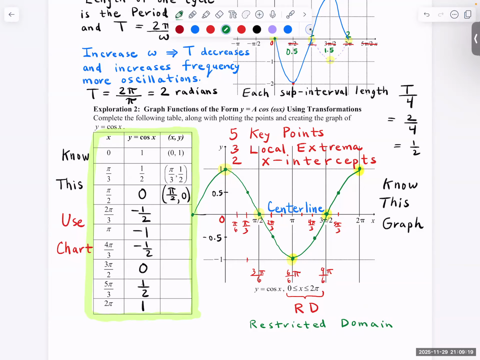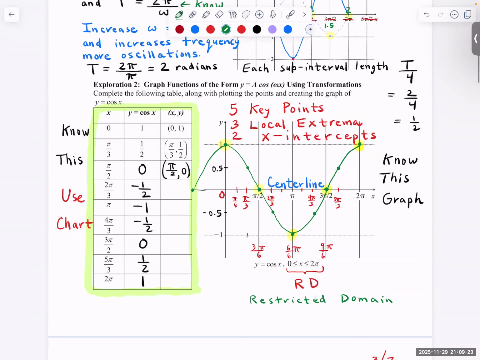Now, if we take the period, which is 2 pi radians, again, that's the fundamental period. So the fundamental period T is 2 pi.